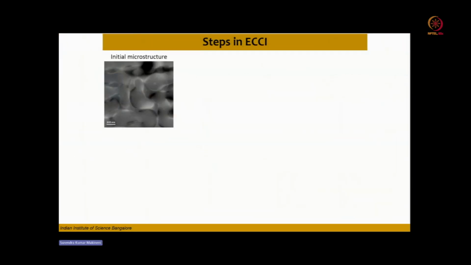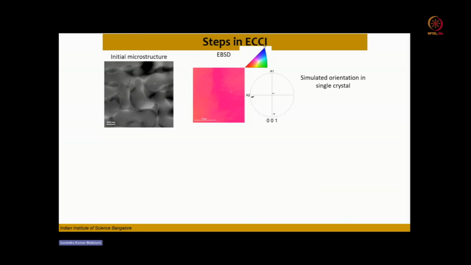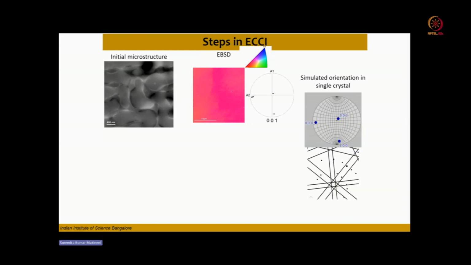Okay, so you can see the steps in the ECCI. First, there is an initial microstructure. You do the EBSD. You get the orientation, which is nearly pink color, but it is near to the red. Near to the red means it is near to the 001. Then you simulate this particular orientation in a single crystal software and get the exact simulated Kikuchi pattern from that particular grain.